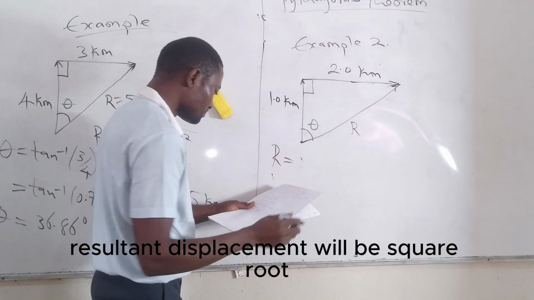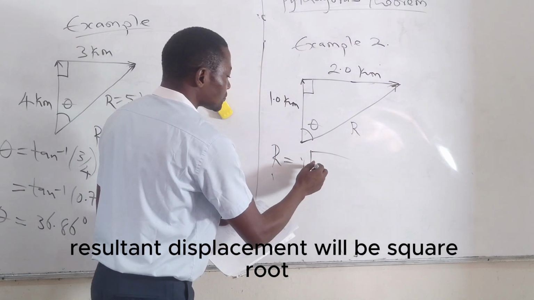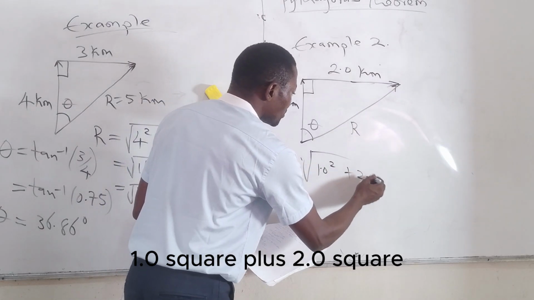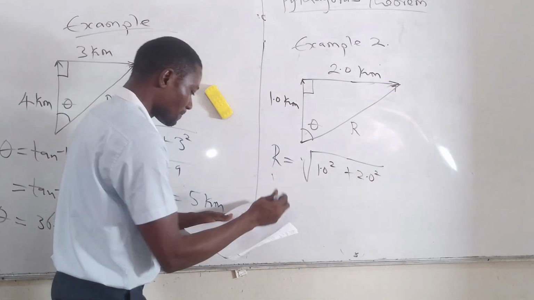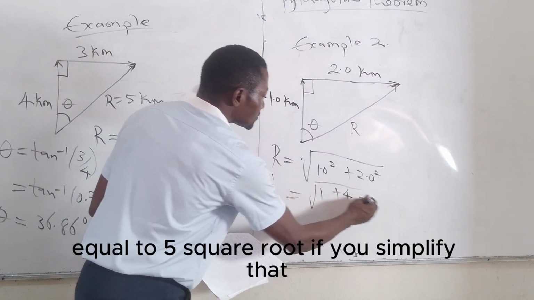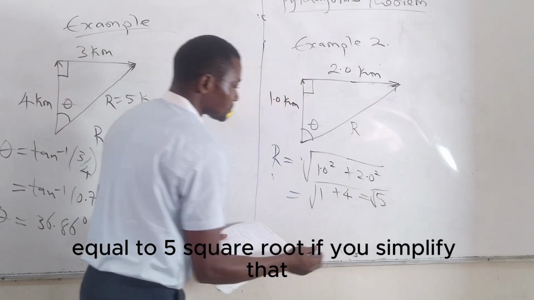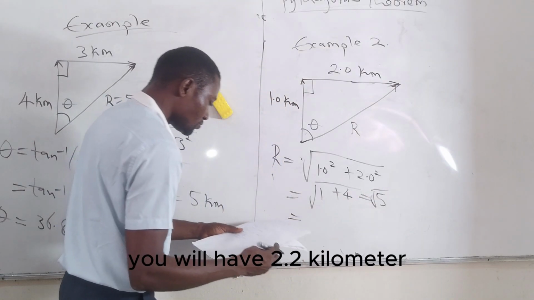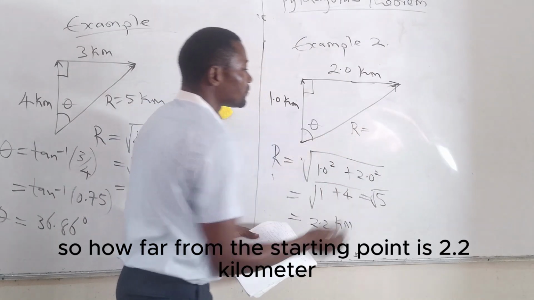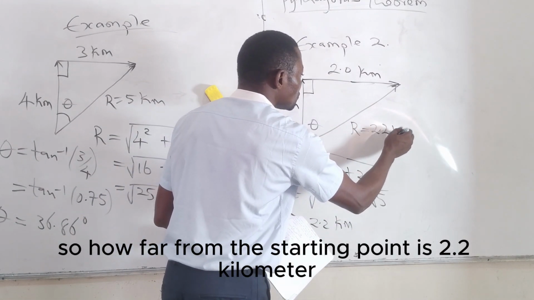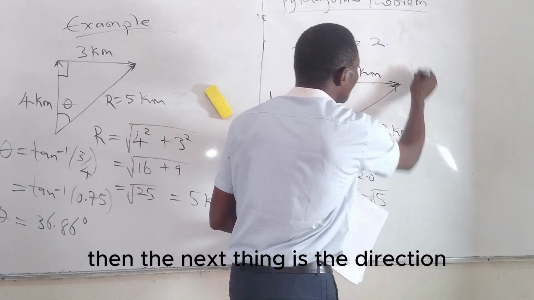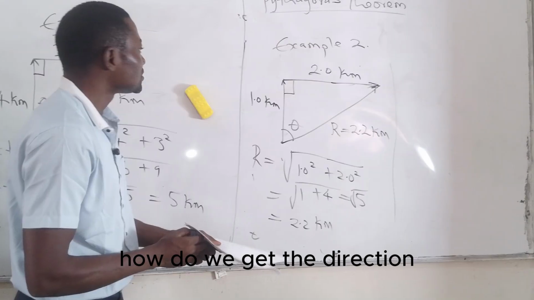Resultant displacement will be the square root of 1.0 square plus 2.0 square. If you simplify, 1 plus 4 equals square root of 5, which is 2.2 kilometers. So how far from the starting point? 2.2 kilometers. I hope we understand. Then the next thing is the direction. How do we get the direction?